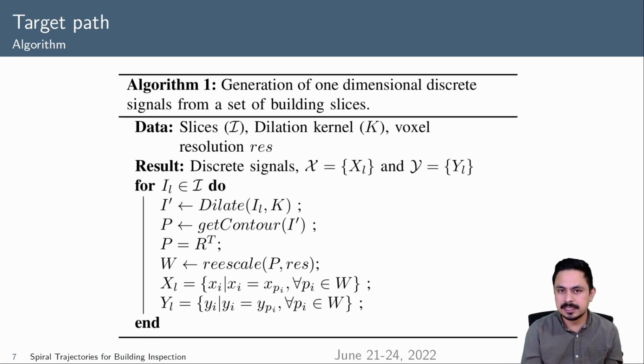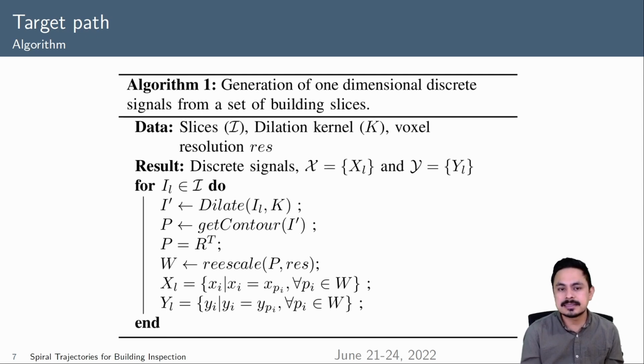Once we have dilated the slices, we compute the contour of them. In some cases, we can get more than one contour, so we only keep the largest contour as the path that the drone has to follow.